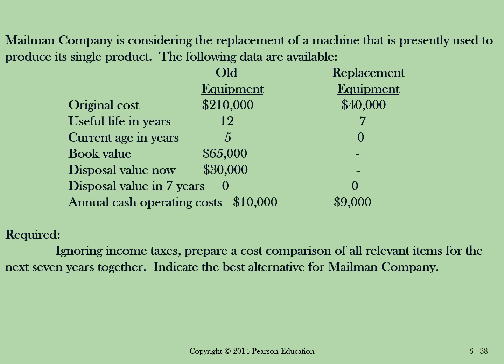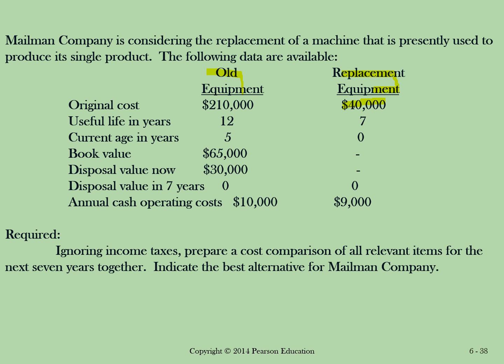And if you are to apply this, you will prepare your own schedule with 4 columns. The first column will be for items, and then you will have the old machine and then the replacement equipment or machine. Of course, this is the original cost. You will only include the 40,000 as an outflow, which is unfavorable.